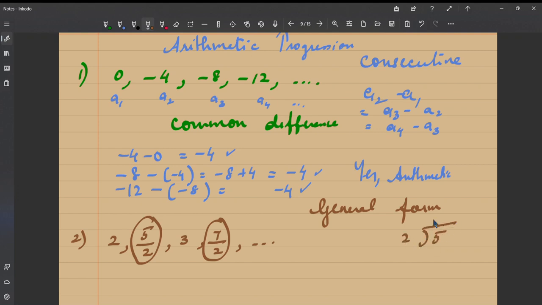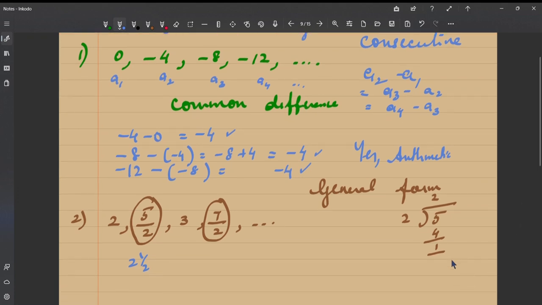If you divide 5 by 2, you get 2 2s are 4 and 1 is the remainder. So 5 by 2 can be written as 2.5, isn't it? One more way of looking at this is, if you have 5 things, let me call these bread slices, okay? And I have to make sandwiches, so let me pair it into 2 of each. So with 2 bread slices, I can make 1 sandwich, and with these 2, I can make another.